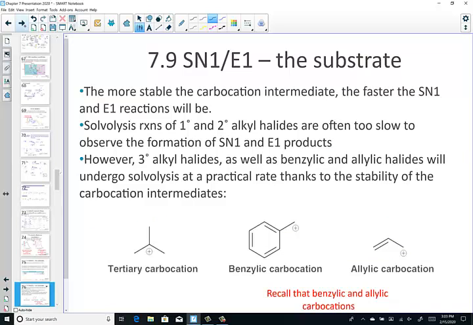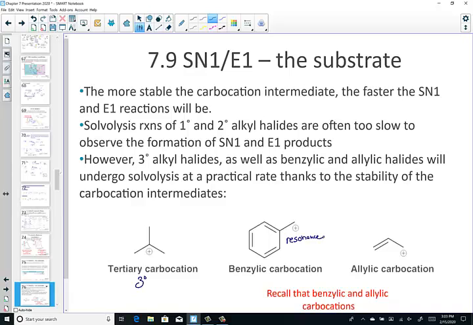So the second consideration is the substrate itself. Remember that we want to have a stabilized carbocation. We said a tertiary carbocation promotes SN1 E1 reactions. A benzylic carbocation, because this is resonance stabilized, would promote SN1 E1 reactions.